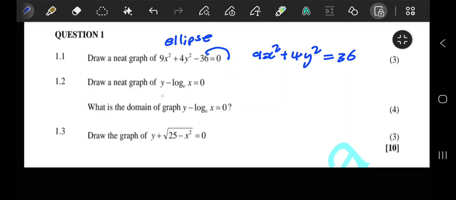Now we know that we want to draw an ellipse, and an ellipse must have a 1 on the right side and the numbers divided on the bottom. So you can divide by 36 throughout.